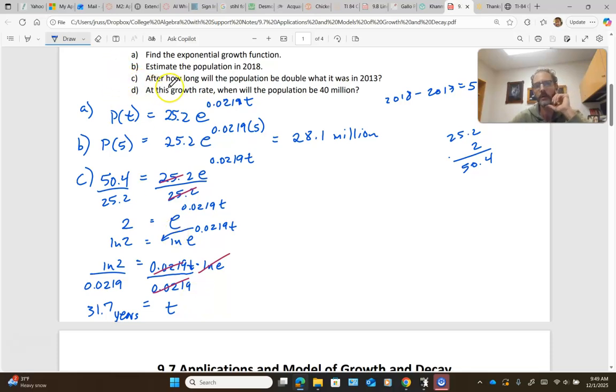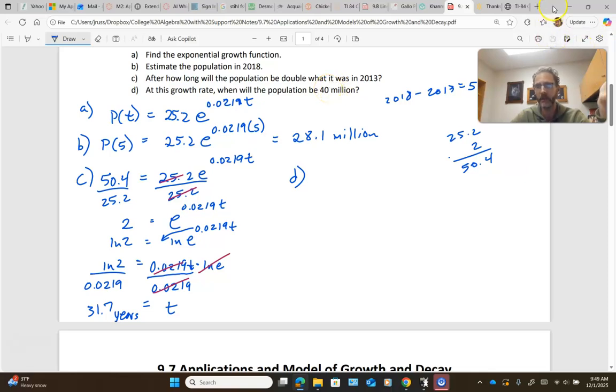Now what about part D? It says, at this growth rate, when will the population be 40 million? Let me put part D over here. Well, this is the same type of problem. Instead of setting our function equal to the doubled population, we're going to set it equal to 40 million and solve it for t.